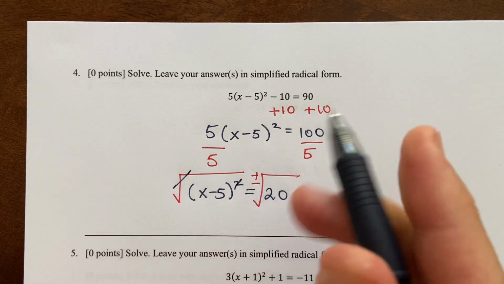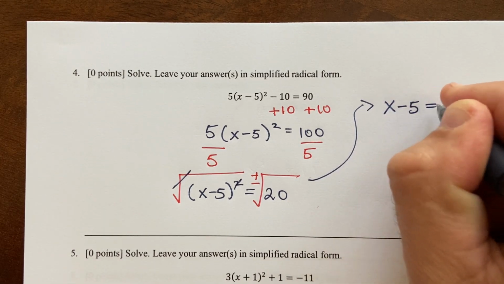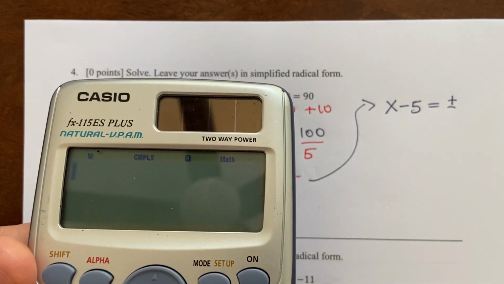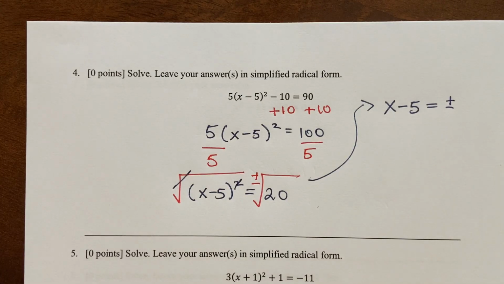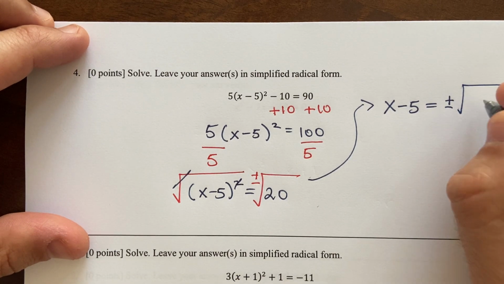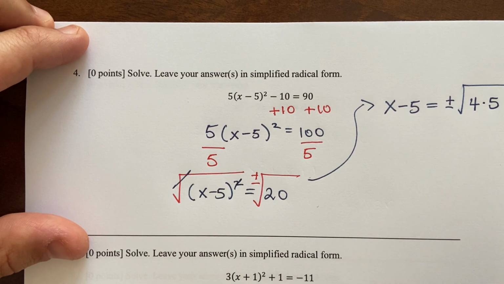And at this step, I take that square root, making sure I use plus and minus. So these would cancel, and I would have just x minus 5 now equals plus and minus root 20. If I type in root 20 to the calculator, it will give me a simplification. So root 20 is the same as 2 root 5, but I'll explain why. So 20 has a perfect square in it, the 4 specifically.